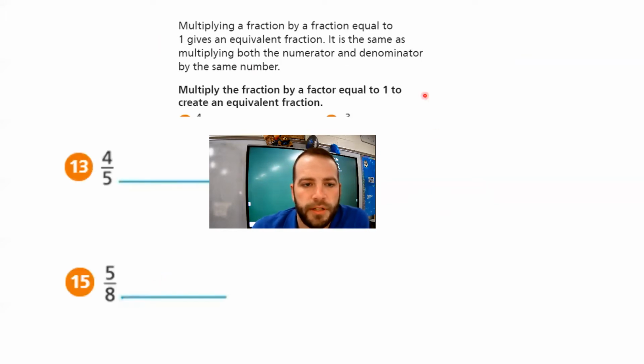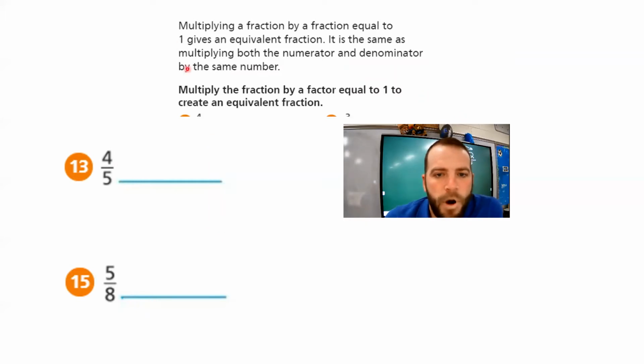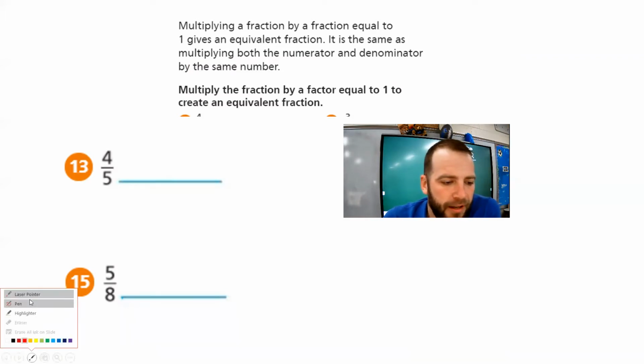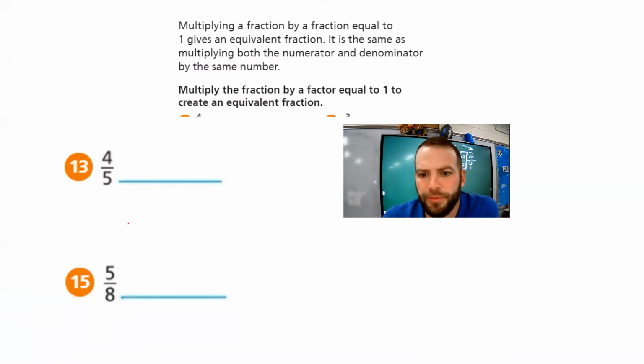Number 13, it says, multiply anything by 1 to find an equal fraction. So basically, this is the same thing you guys did back in unit 1, really early on, multiply by anything equal to 1 to find an equivalent fraction. So I chose an easy one of 8.